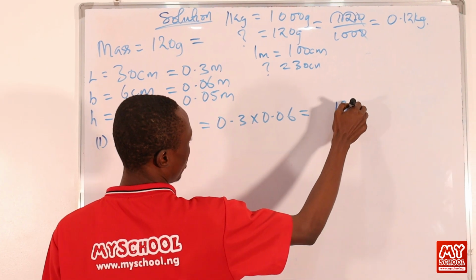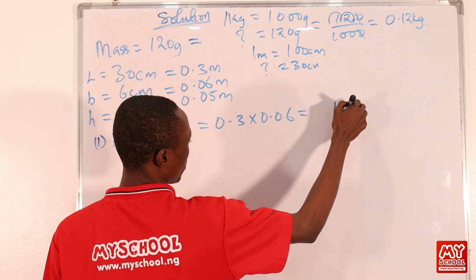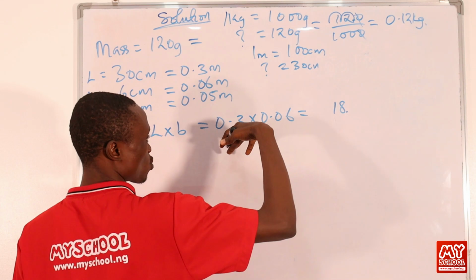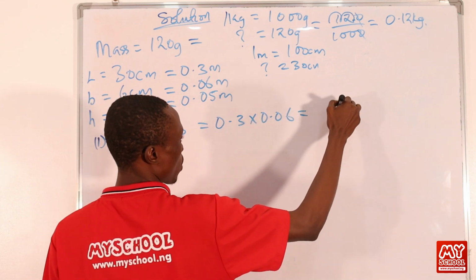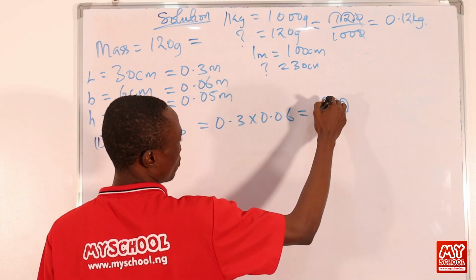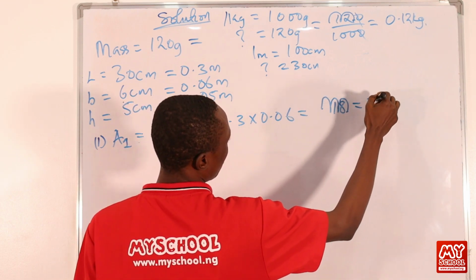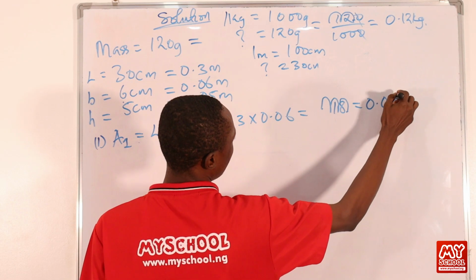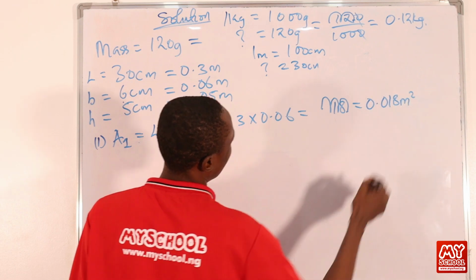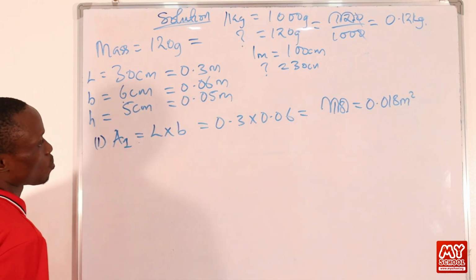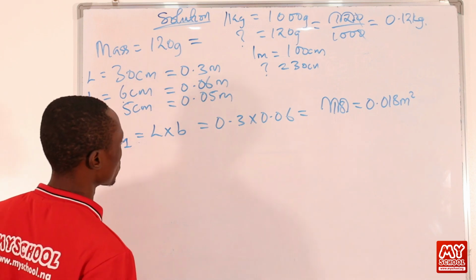So we move the decimal point 3 times to our left, so that we'll be having 1, 2, 3, right? So at the end of the day, we are now having 0.018 meter square.